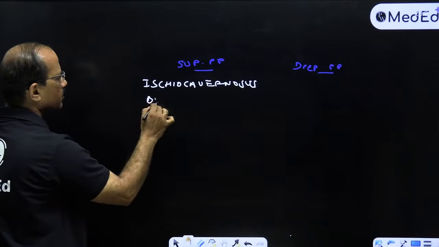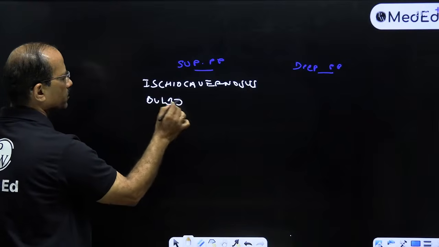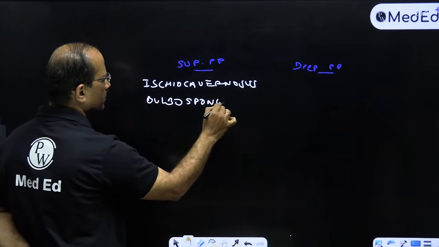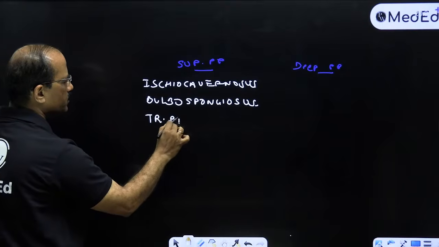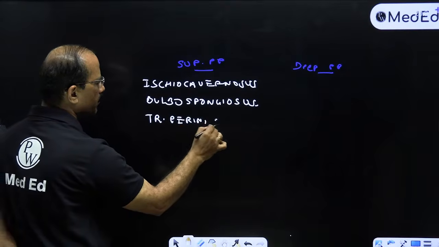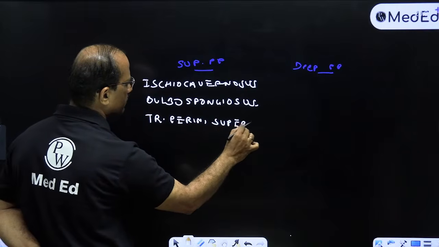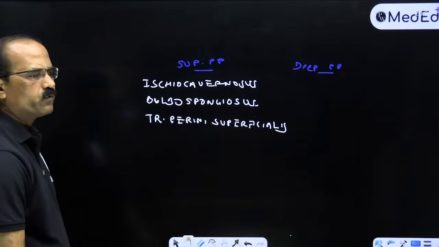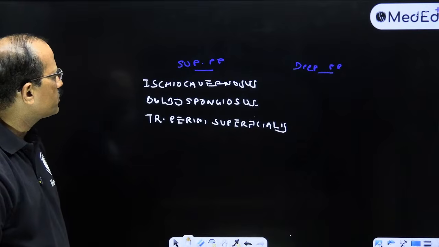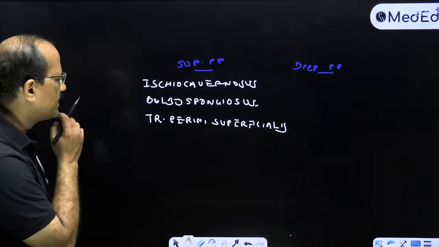Ischiocavernosus, bulbospongiosus, transverse perinei superficial. So ischiocavernosus, bulbospongiosus, and superficial transverse perinei. ठीक है?